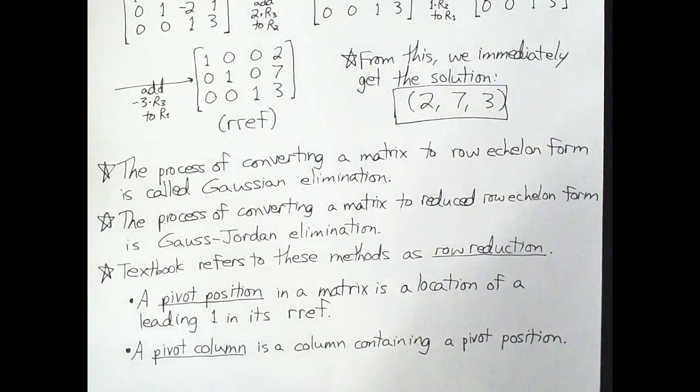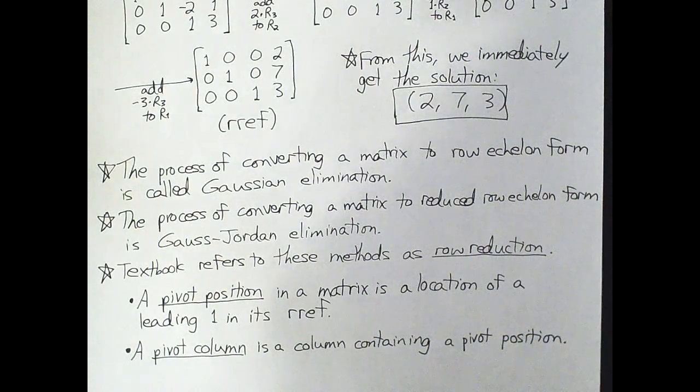What I want to talk about now is the textbook. The textbook describes row reduction as sort of a standardized algorithm that can be programmed into a computer. Do you know that computers are very good at working with grids of numbers, an array of numbers?